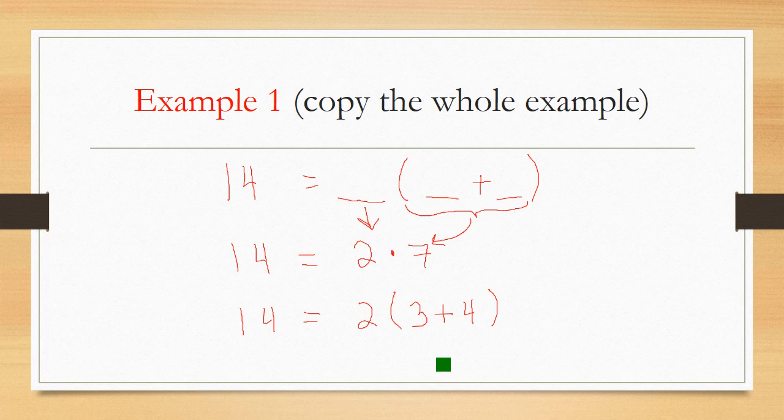But 3 plus 4 is what I chose. And so now I have rewritten 14 using the distributive property. I took a number and I split it up using multiplication first, and then I took one of the numbers that I had in the multiplication part and split that using addition.